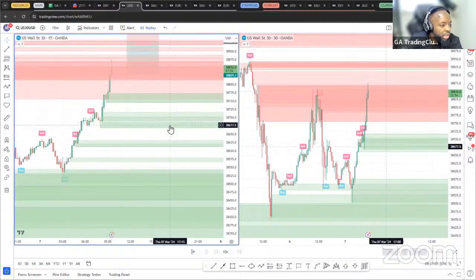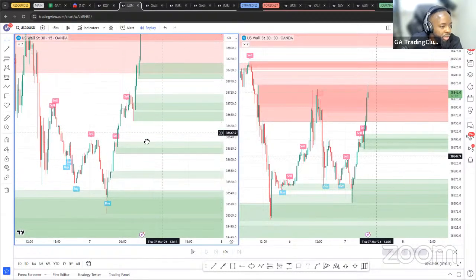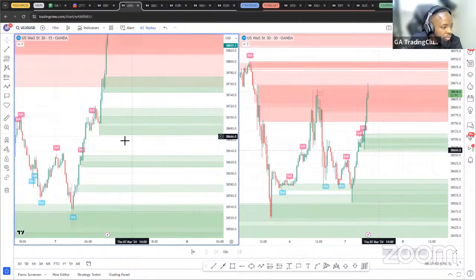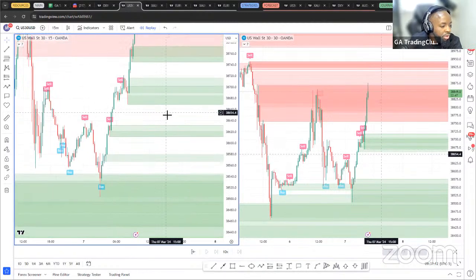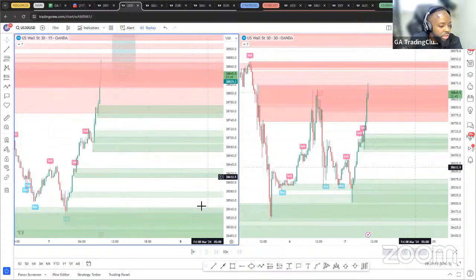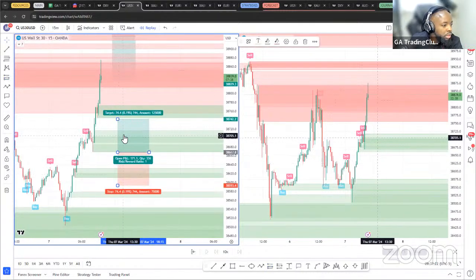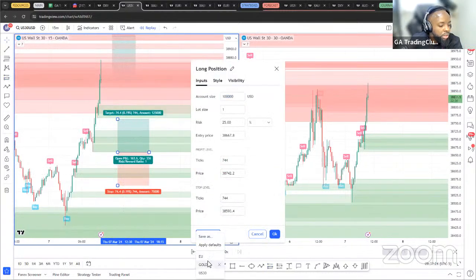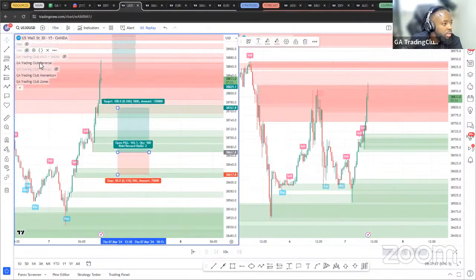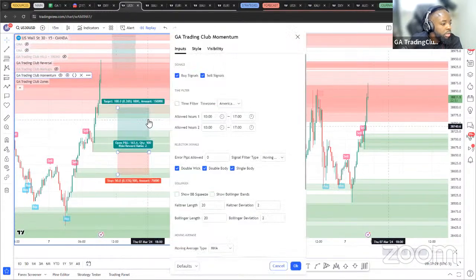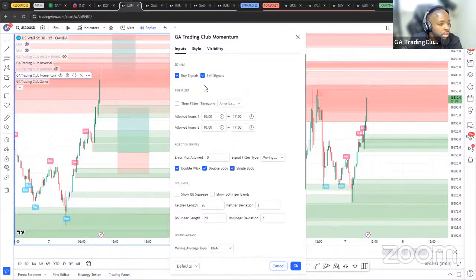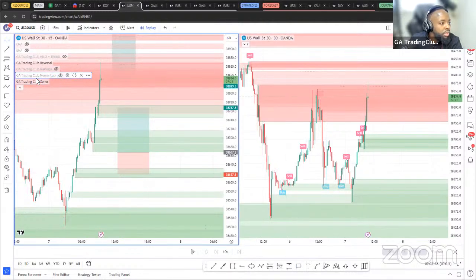And then if we're looking to, for example, buy, we go ahead and check where's the next area for possible buys. And we can just turn off this whole momentum indicator.